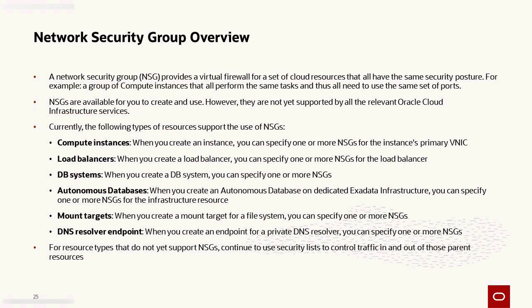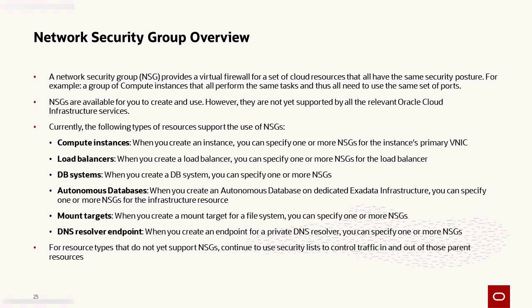However, on the other hand, network security groups apply to VNICs of resources deployed within the OCI. When a group of nodes or group of VNICs need the same type of security, they can be grouped into network security groups.